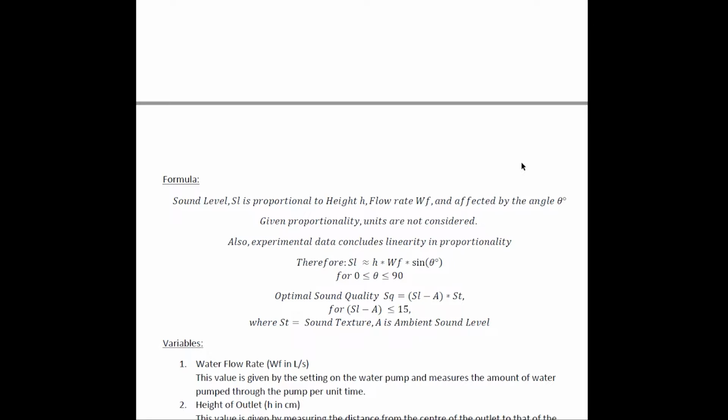Next, we have optimal sound quality, which is given by sound level minus the ambient sound level, multiplied by the sound texture. In this case, the difference between the sound level and ambient sound level cannot be a value that is greater than 15. Later we'll touch more on this, but the idea is that for values greater than 15, the volume would be too loud and actually disturb the conversation rather than help in masking the conversation.